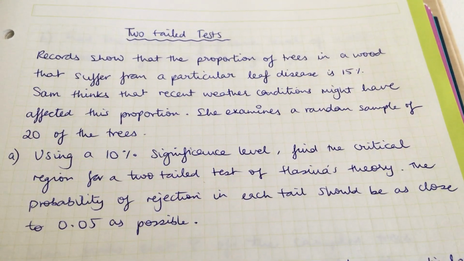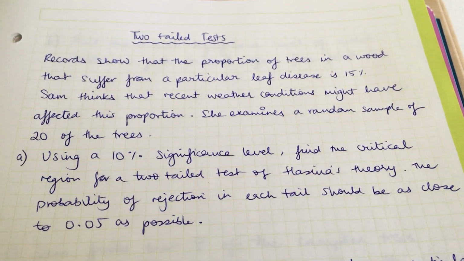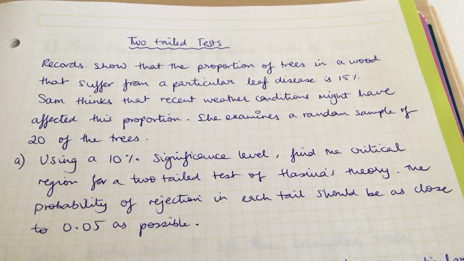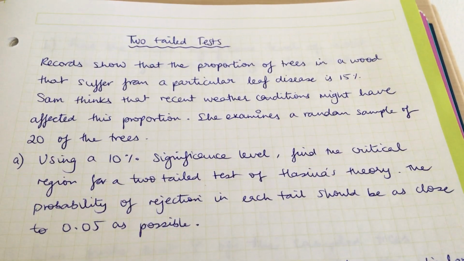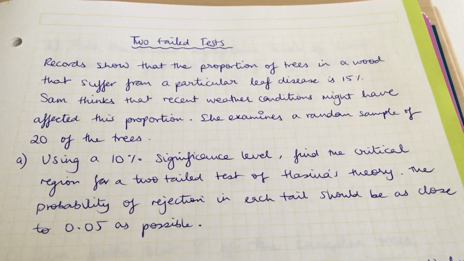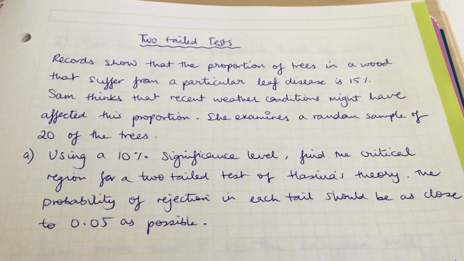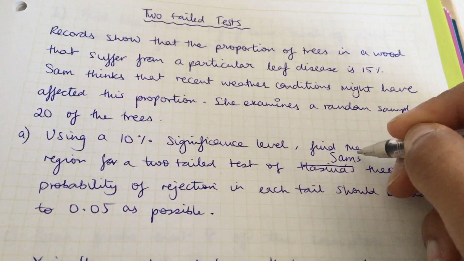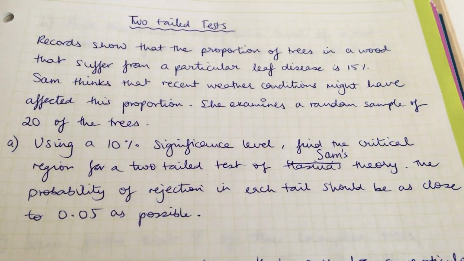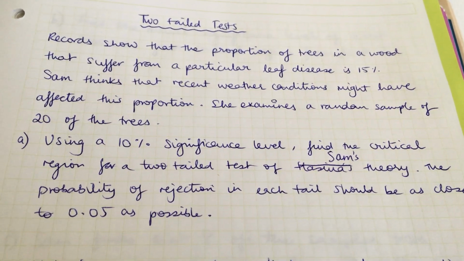She examines a random sample of 20 of the trees. Part A says, using a 10% significance level, find the critical region for a two-tailed test of Sam's theory. The probability of rejection in each tail should be as close to 0.05 as possible.